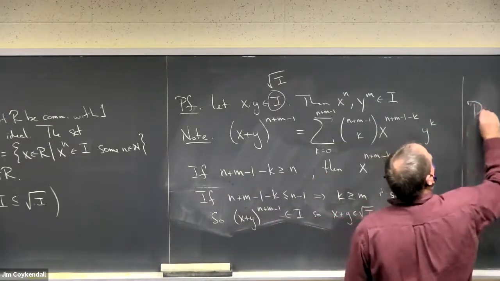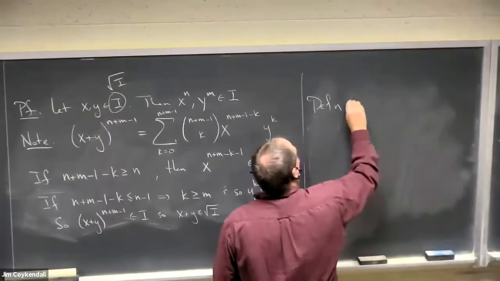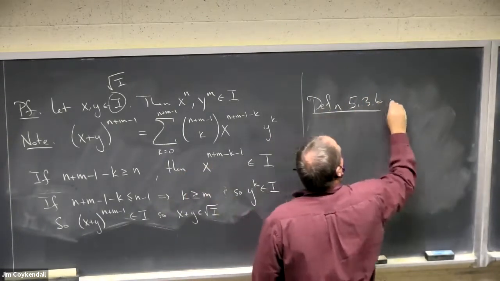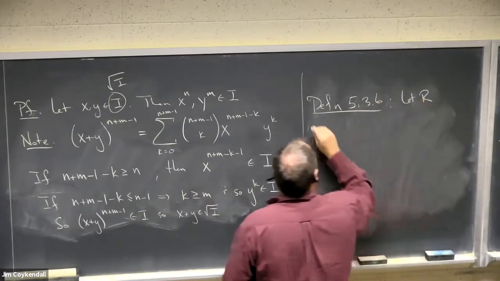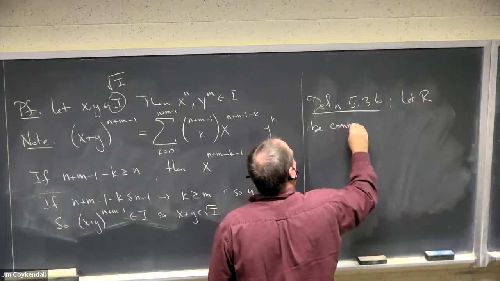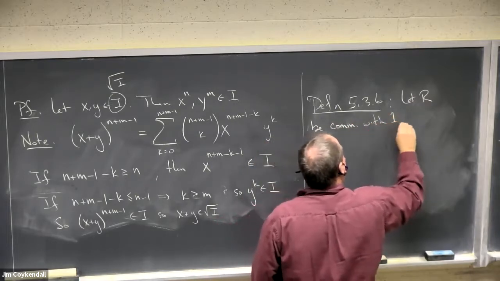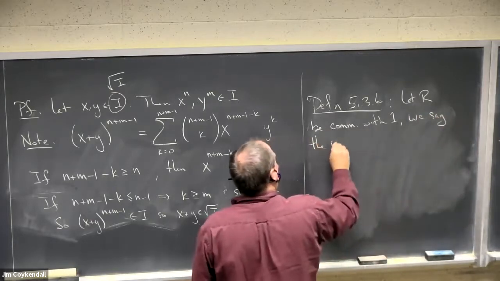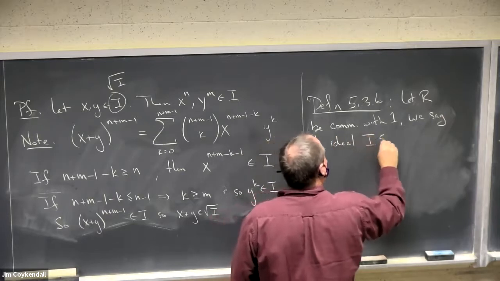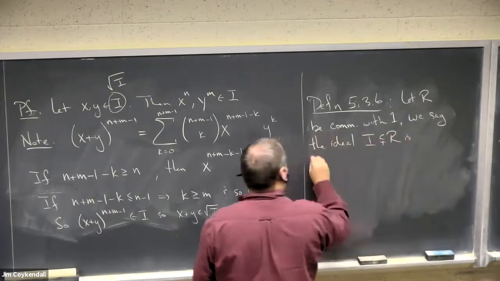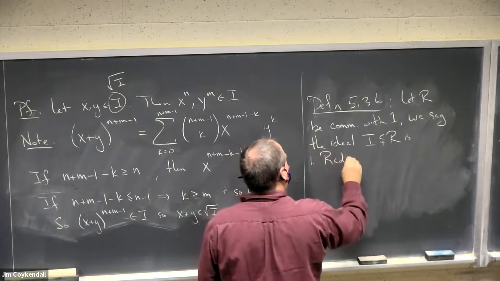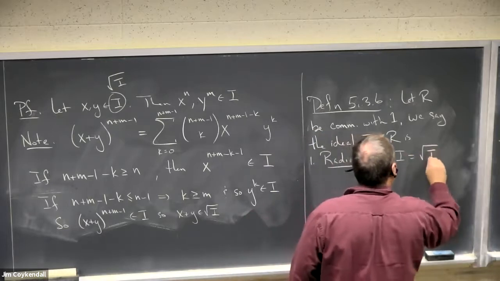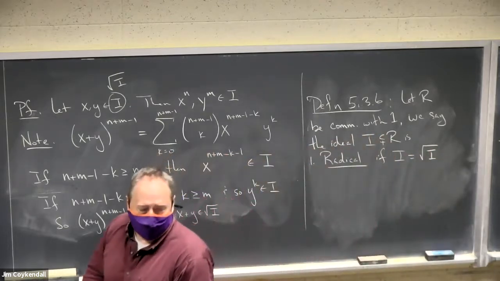Definition. Let R be a commutative ring with 1. We say the ideal I in R is, number 1, radical if I is equal to its own radical.